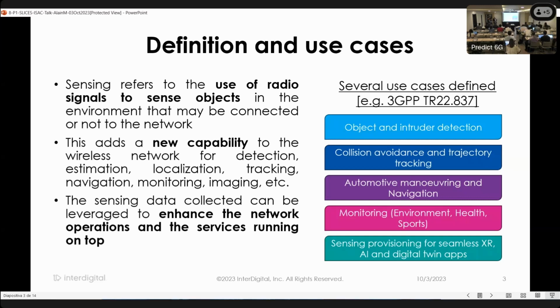They came up with 32 use cases already, that I tried to categorize here a little bit in five categories around object intruder detection, collision avoidance and trajectory tracking, automotive maneuvering and navigation, monitoring both environment, health, sports activities, and provisioning of sensing, especially for applications like immersive reality or extreme reality like XR, but also digital twinning as well.